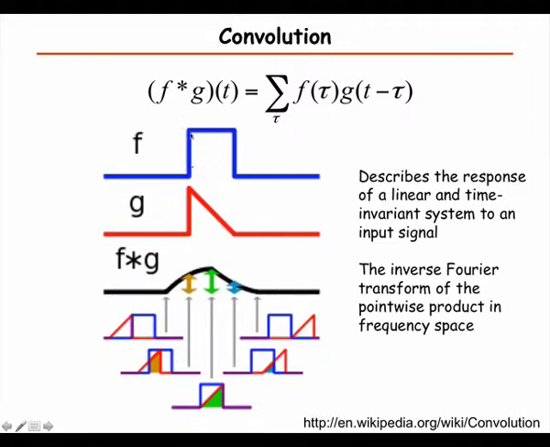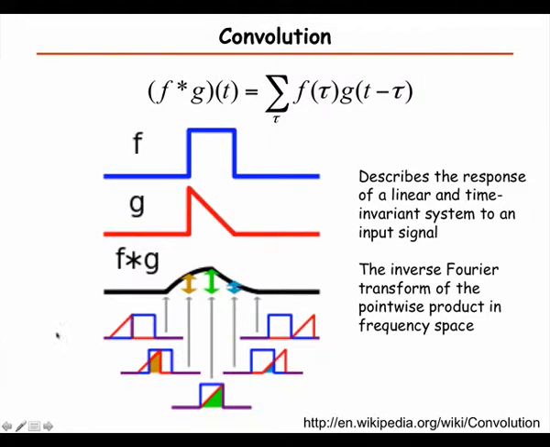Here f is rectangular shaped, and g is shaped as a triangle. What convolution means is that we sweep one function over the other and sum all the products. The other thing we do is invert g, so now the triangle is in this direction.